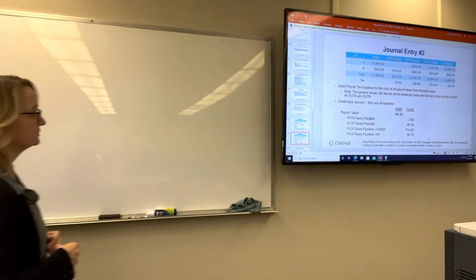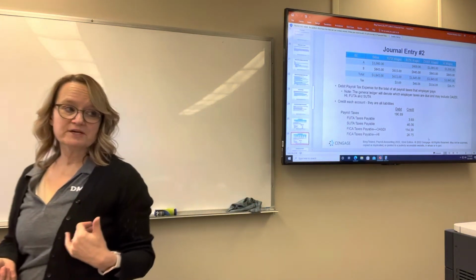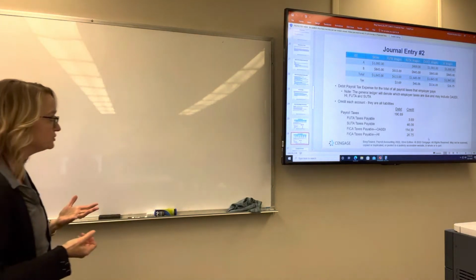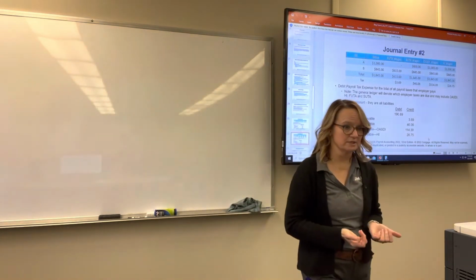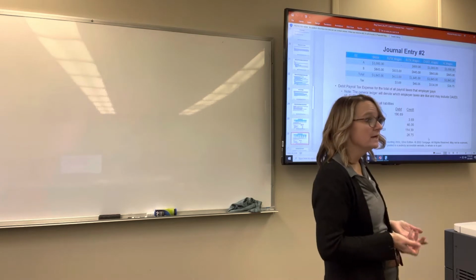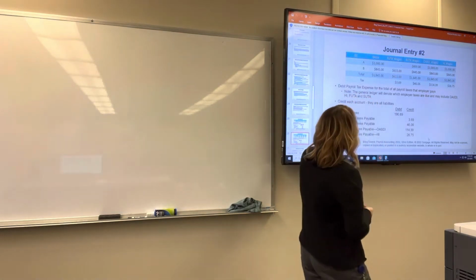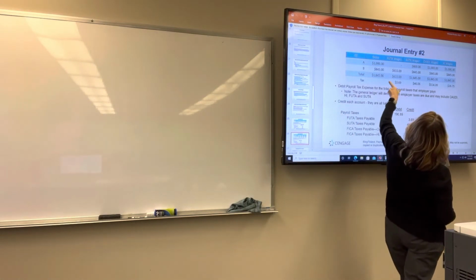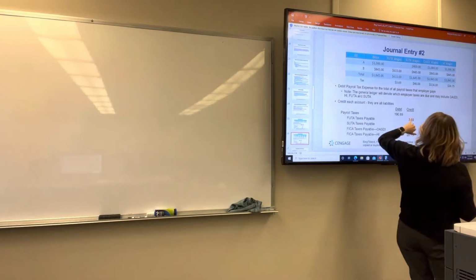Second journal entry, we're still going to extract this information from the payroll register, but this one is from the employer's side. These are the amounts of payroll taxes that the employer is responsible for paying. Our debit in this case, they don't have a total here, but it would be the total of all of these amounts.